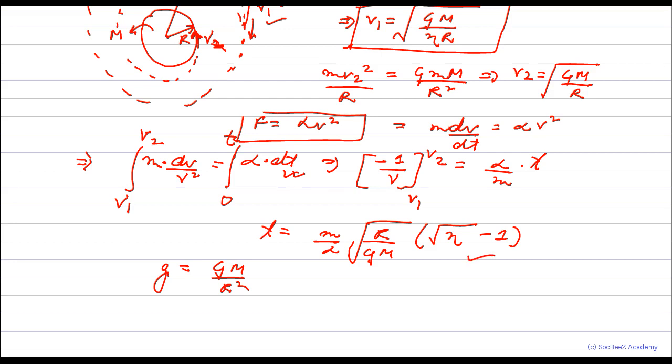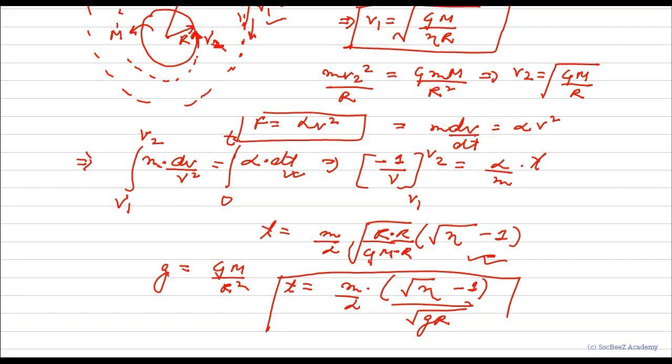If I manipulate this expression in terms of g, that is if I multiply R in the numerator and the denominator, I'll get my expression of t in terms of g as m by α into root over η minus 1 upon root over gR. So this is going to be the time of flight of the satellite.